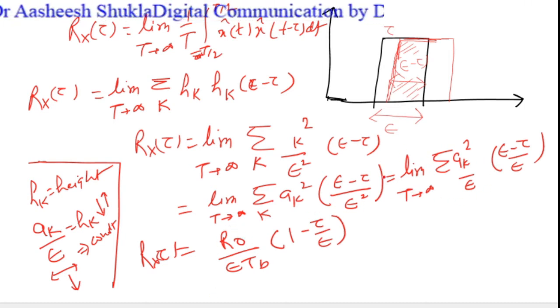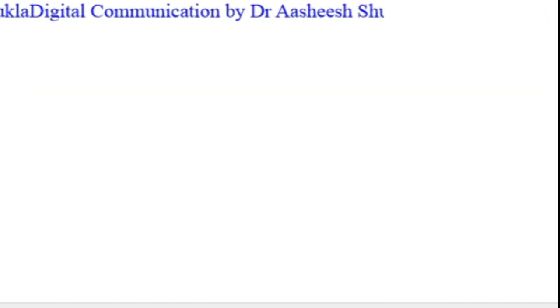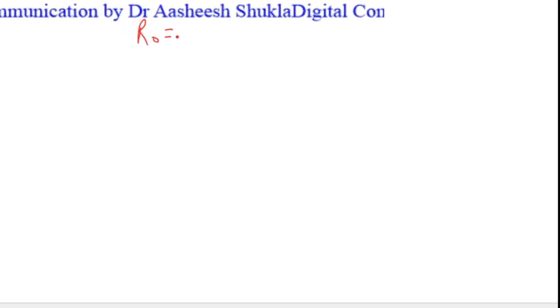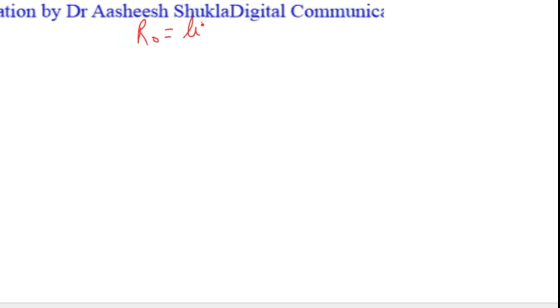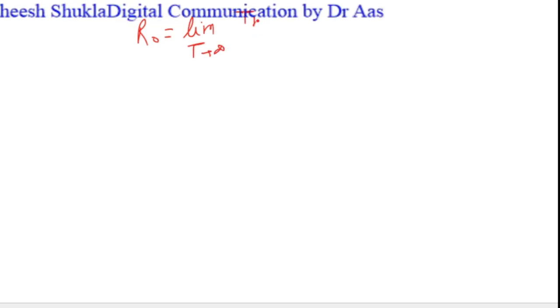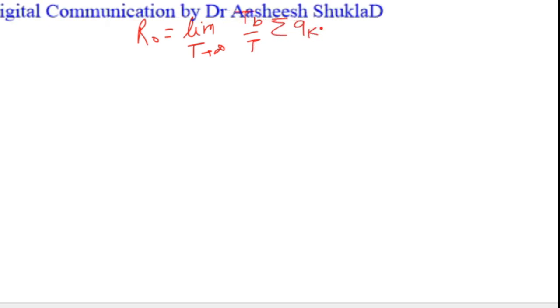So here this is just a substitution of a certain value. For example, R naught can be simply written as R naught is equal to limit t tending towards infinity tb upon t summation of ak square, right?